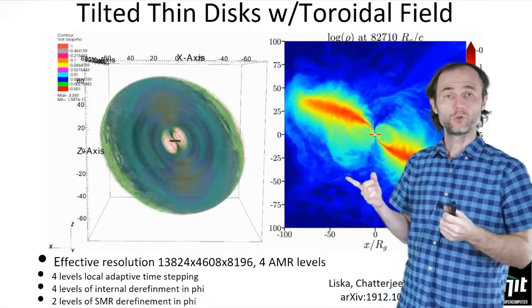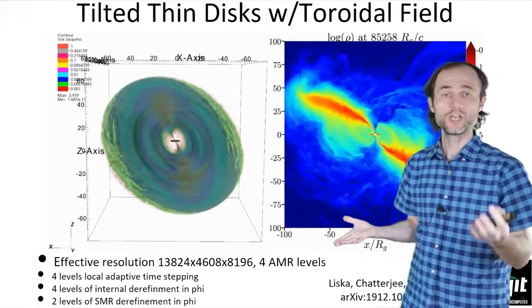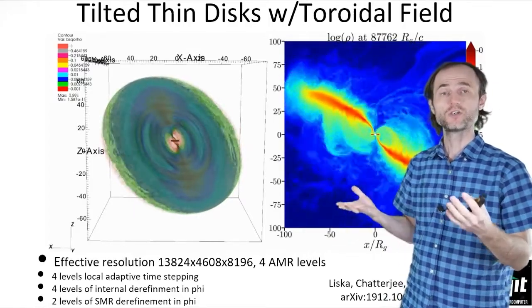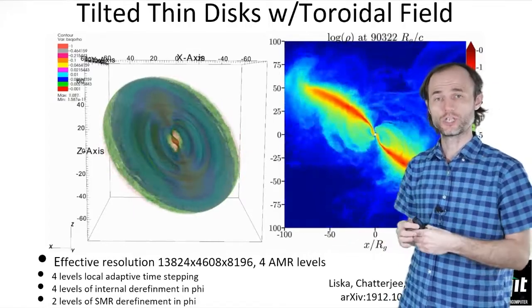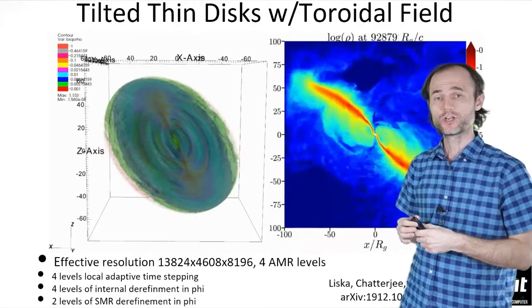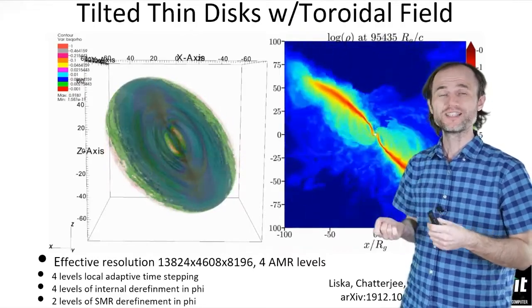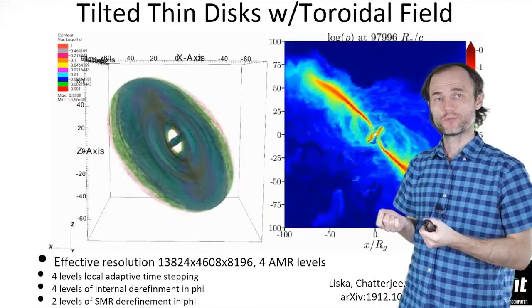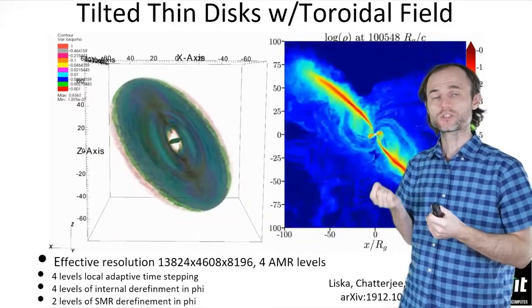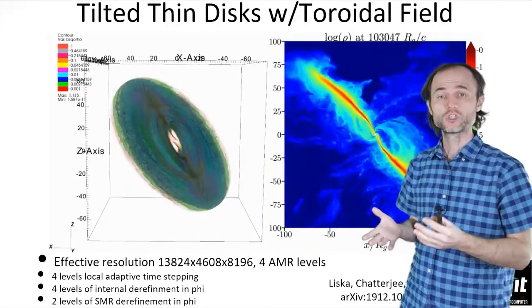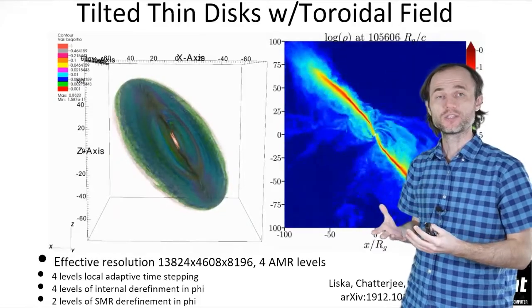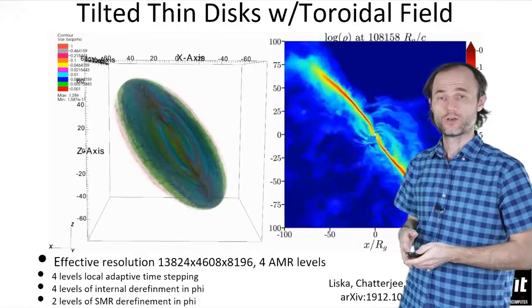Here there is no large-scale poloidal magnetic field. There is no jet. For the first time, we finally don't see any jet, although we start with large-scale magnetic flux in the azimuthal direction here. So we're not seeing the formation of large-scale magnetic flux in the context of thin disks. Why that is so, why thin disks are so different than thick disks, is a question for the future.